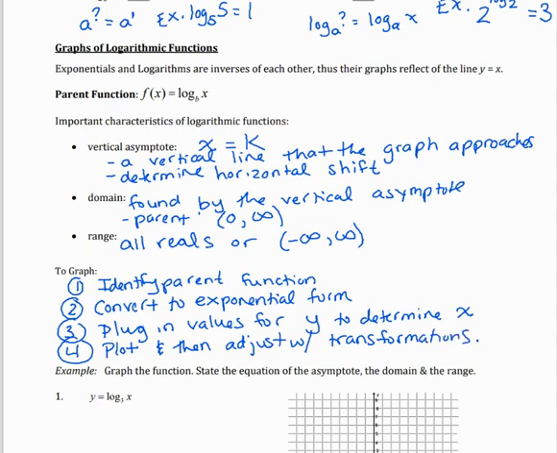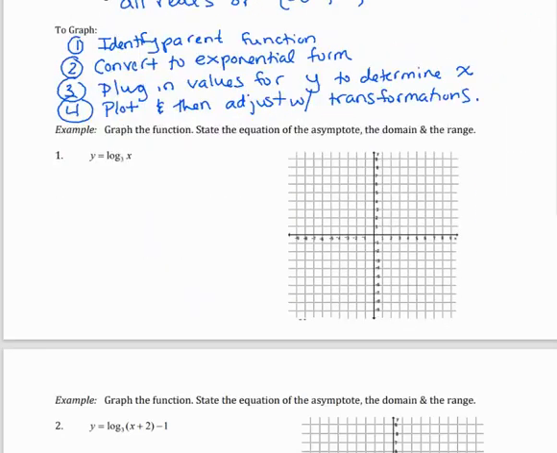Okay, so let's look at 2 of these examples, and then I'm going to have you try 2. The first one is a parent function: y equals log base 3 of x. Since it's a parent function already, we're just going to convert this to exponential form.